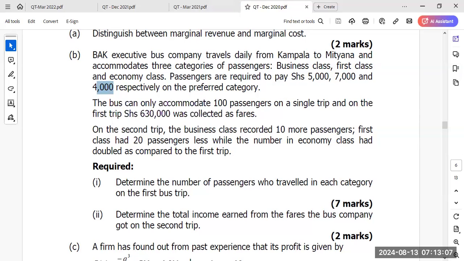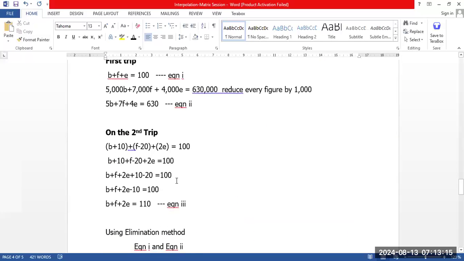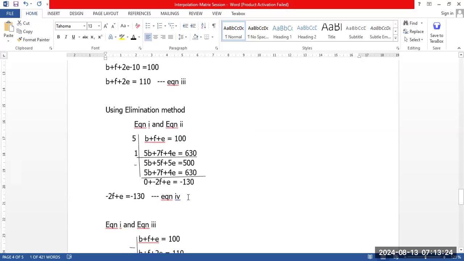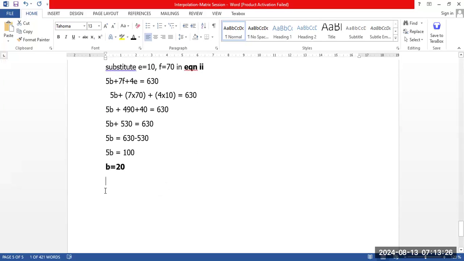Okay. So what we will do is to look at what was our second trip. This was our second trip. Of course, with second trip, that is Roman 2.